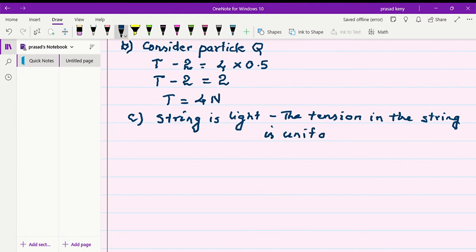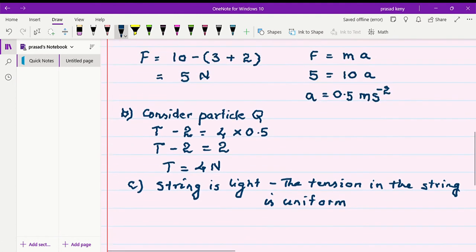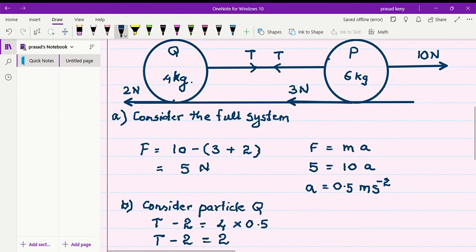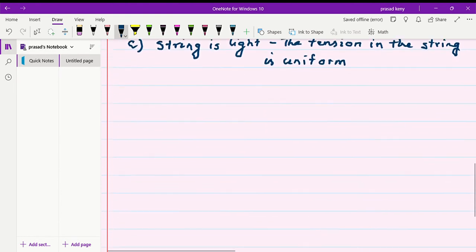So the tension T will be developed from P towards Q, and equal and opposite tension T from Q to P. When I'm considering the complete system, both the tensions will get cancelled.